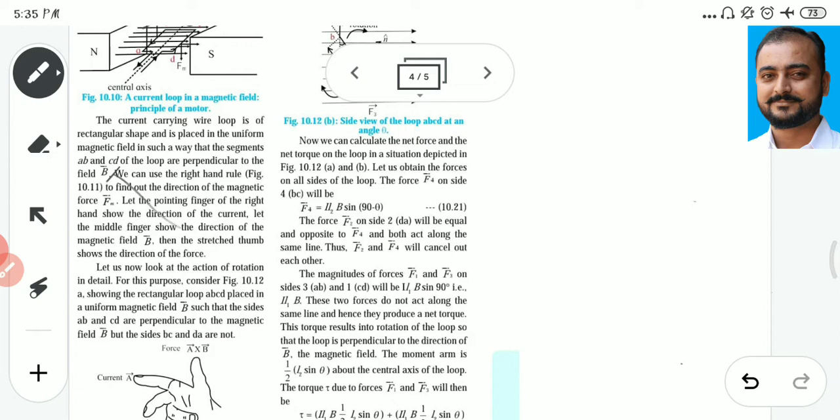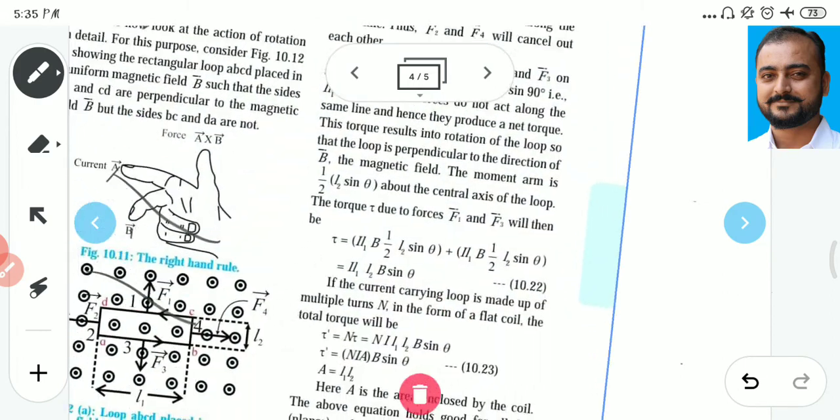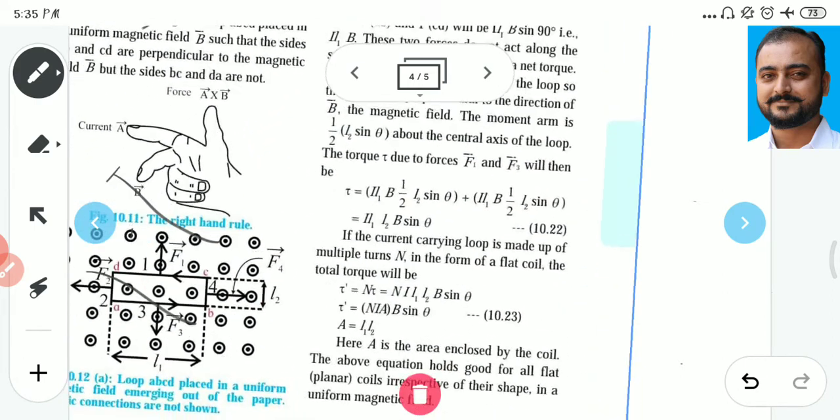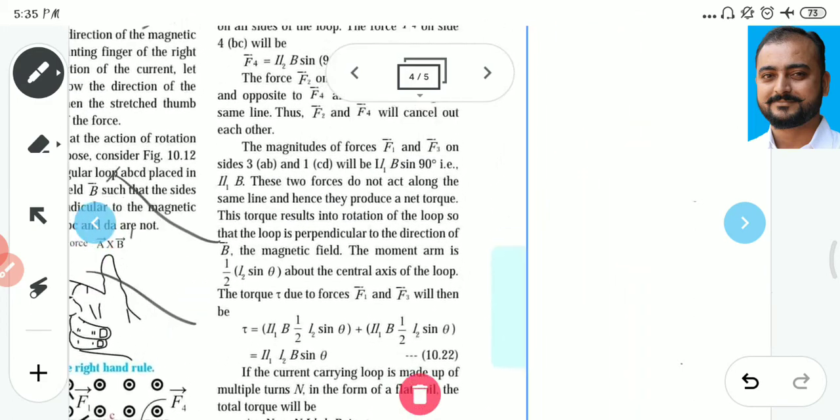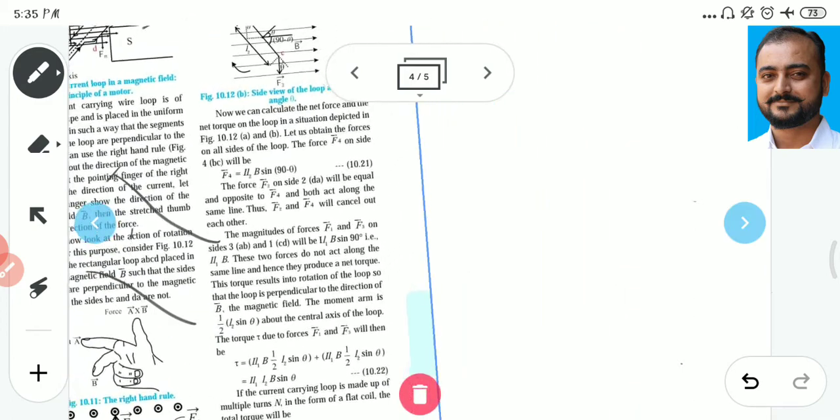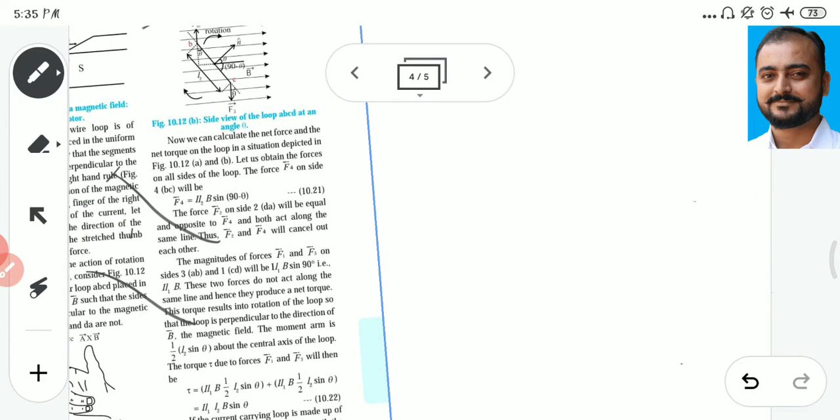No need to read this thing also. Then the next important point that you have to note: you should avoid this figure also, avoid this figure 10.11 as well as this 10.12b also.